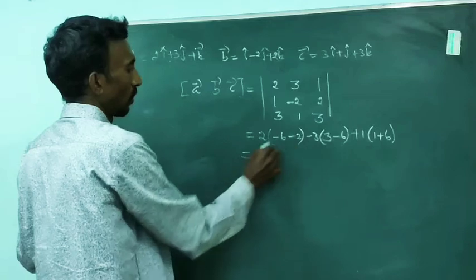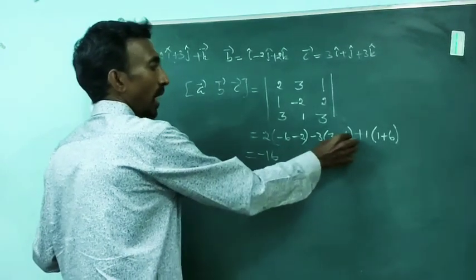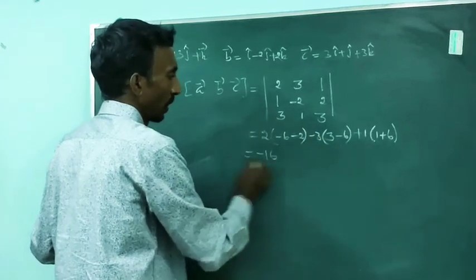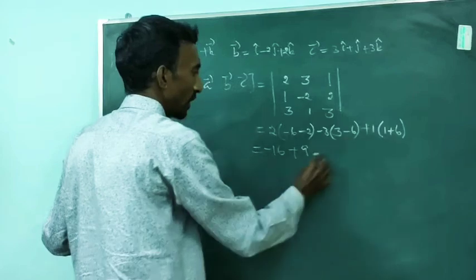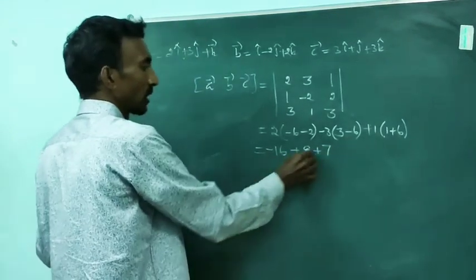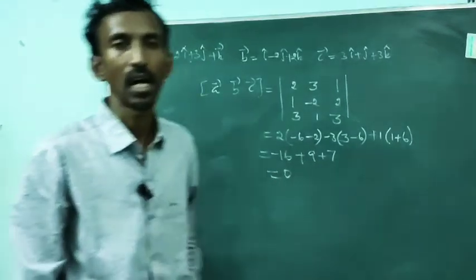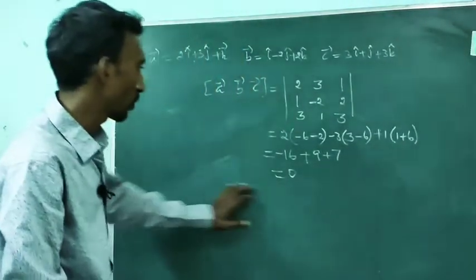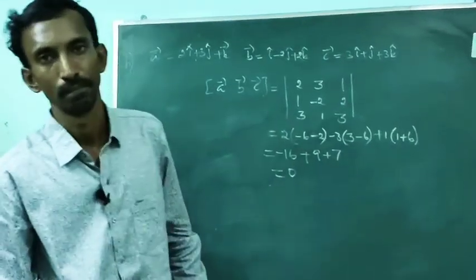So minus 16. So what is that? Minus 3 into minus 3 plus 9. Here 7 into 1, 7. So 16 minus 16, 0. Therefore, the given three vectors are coplanar. Finally, we conclude that the given three vectors are coplanar.